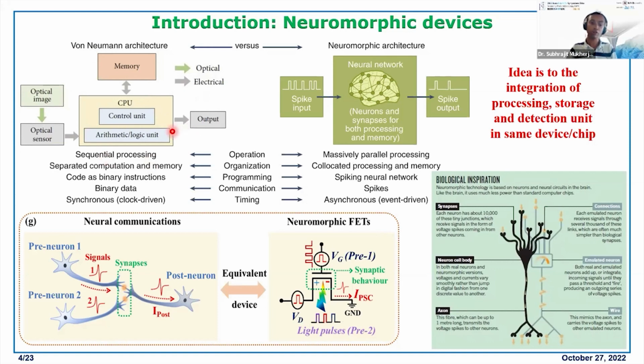So the idea is, if you can integrate this memory unit inside the CPU unit, and this single unit can detect the light and process the information for the next step, then it will be beneficial. It is one concept for the artificial neural network, but more for retinomorphic purposes, like a robotic eye or healthcare monitoring.